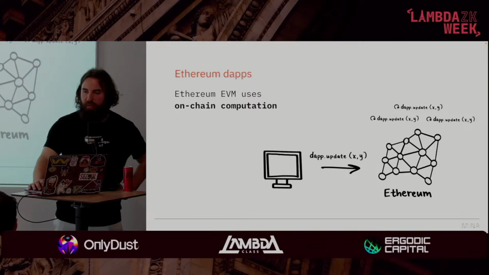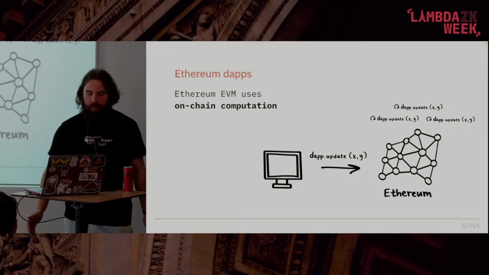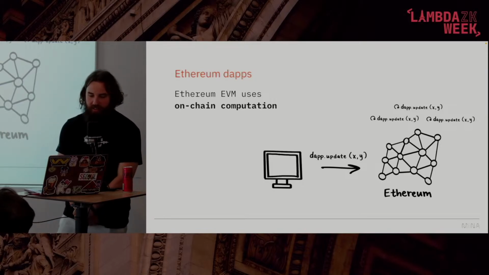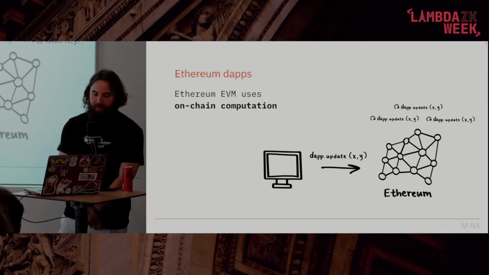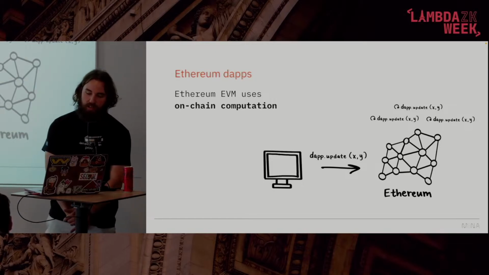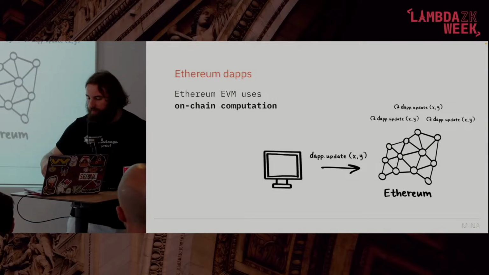Now, you're probably wondering, how can I build stuff on this great blockchain network? We're going to talk about ZK apps. You might have heard of a blockchain called Ethereum, and the EVM, the Ethereum virtual machine. The model that they use is on-chain computation. So as a developer, you write a smart contract, and then you deploy it.